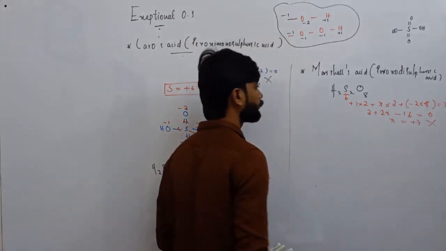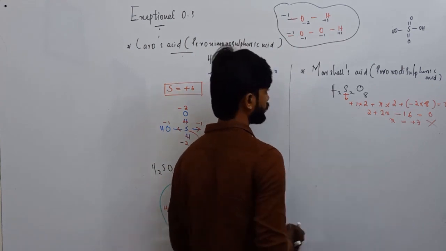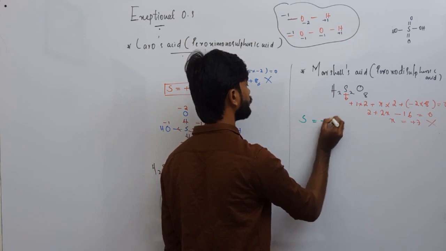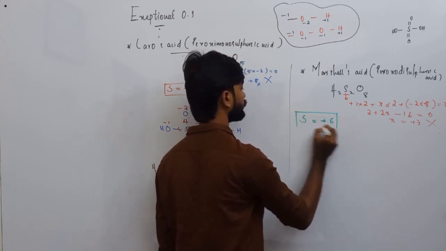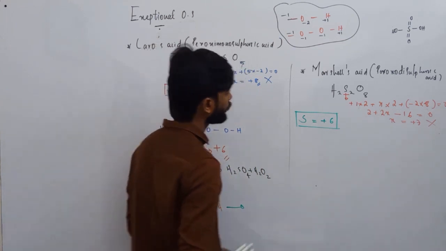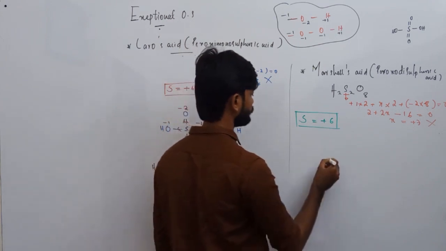Now, the actual oxidation state here is +6 again. Ready? Okay, now how does it become peroxodisulfuric acid?